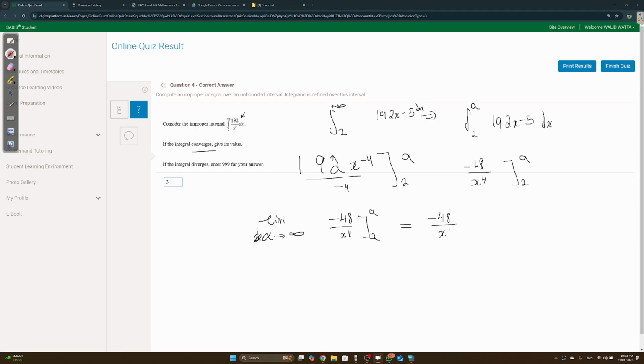It's going to be negative 48 over x to the power 4 from 2 till infinity. And now you expand it: negative 48 over infinity minus open bracket negative 48 over 2 to the power of 4. This gets you 0. Minus becomes plus. 48 over 2 to the power 4, which is 48 over 16, which is 3. So you get the answer is 3.